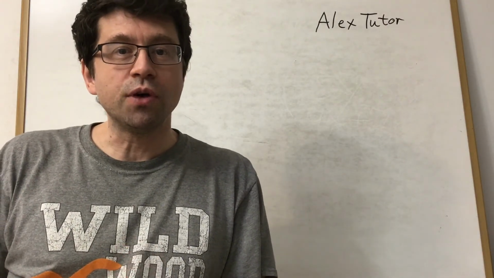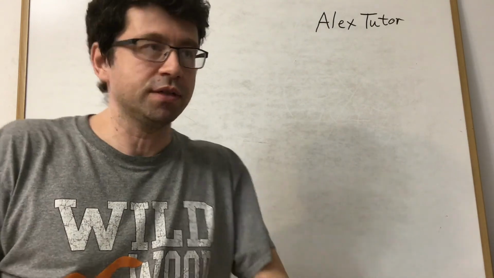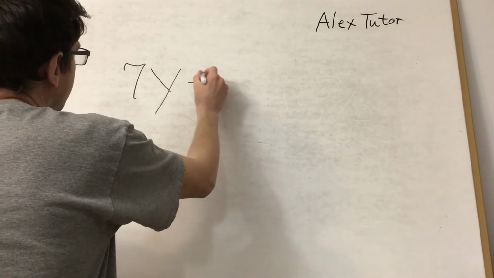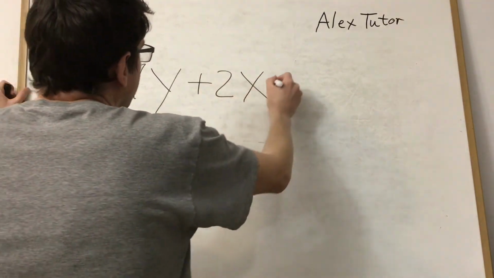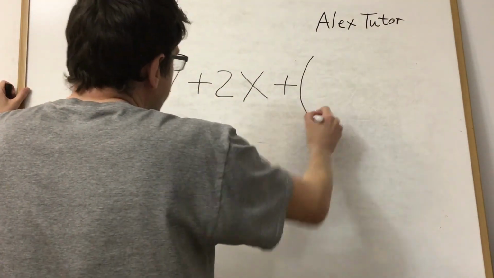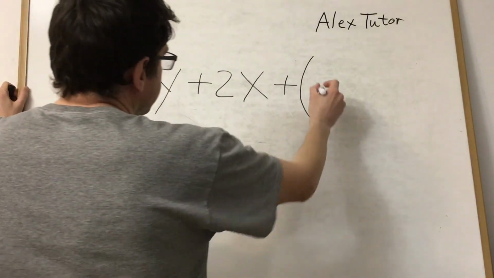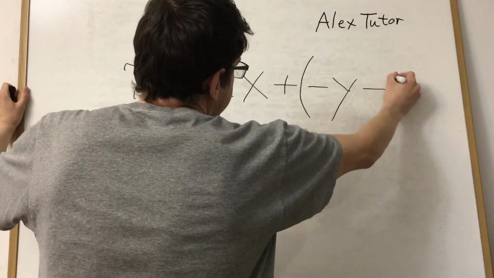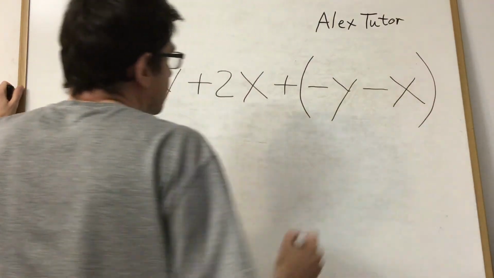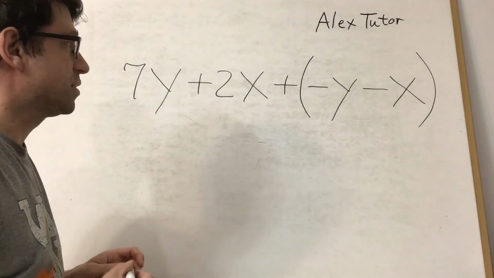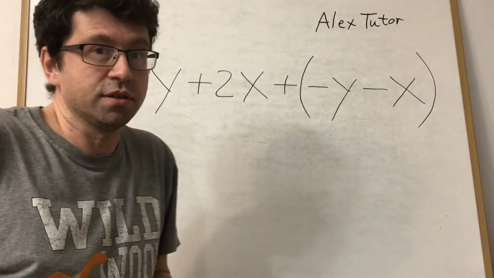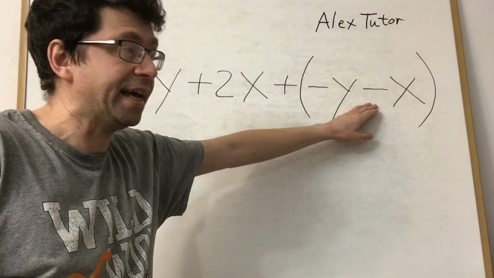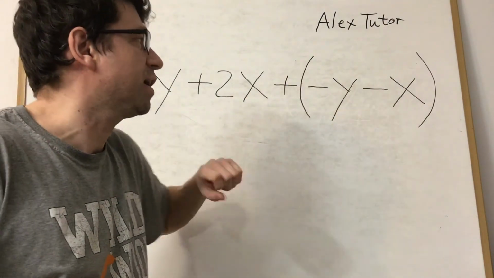Now let me give you another example, an easy one. Let's suppose I need to do 7y plus 2x plus, and then I open parentheses, and inside parentheses I write minus y minus x. So here's the same thing. According to the order of operations, I need to do parentheses first, but I can't. So I need to get rid of the parentheses.